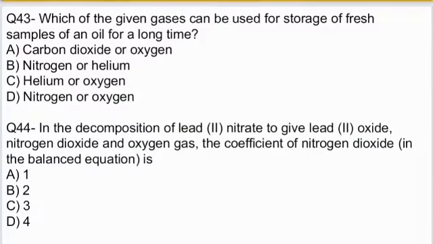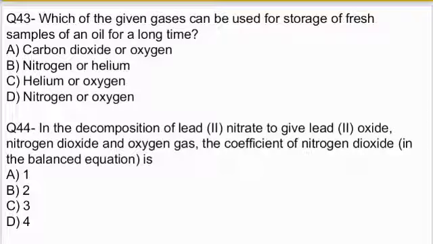Next question. Which of the given gases can be used for storage of fresh sample of an oil for a long time? The options are carbon dioxide or oxygen, nitrogen or helium, helium or oxygen, nitrogen or oxygen. The correct option is B, nitrogen or helium. Next question.